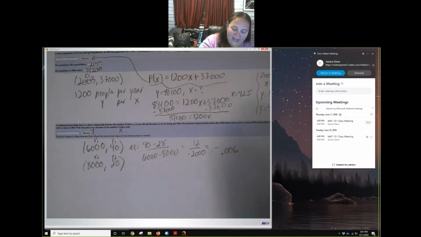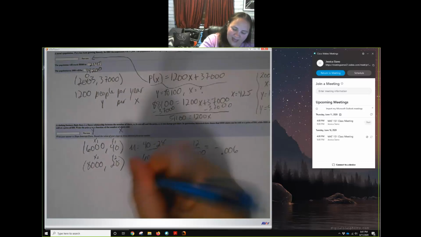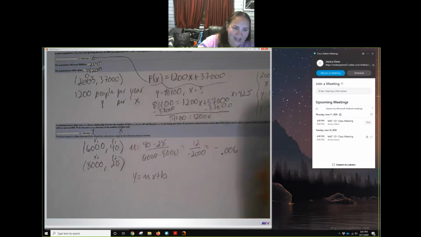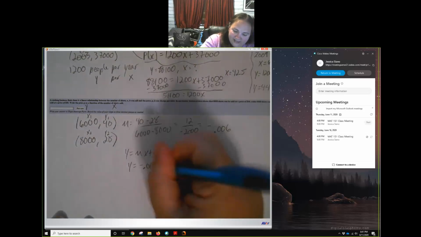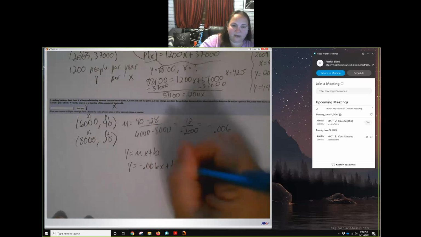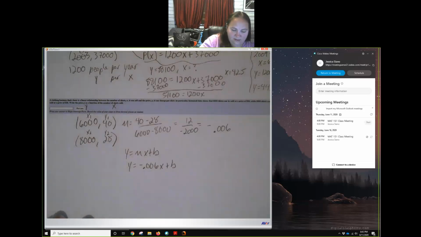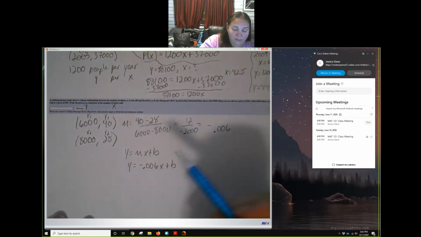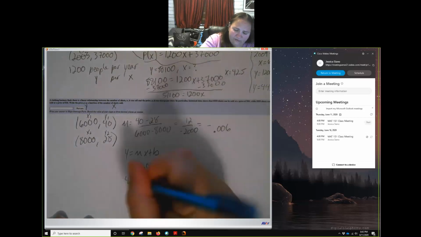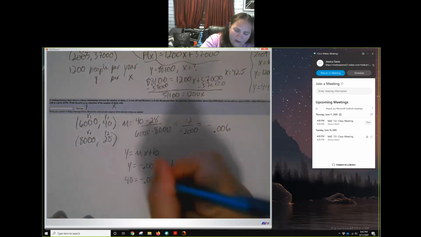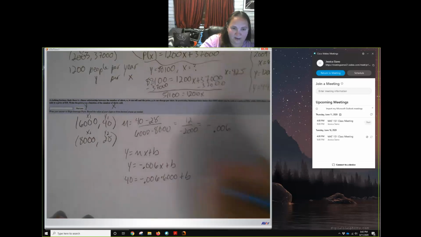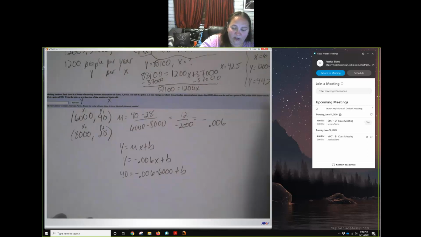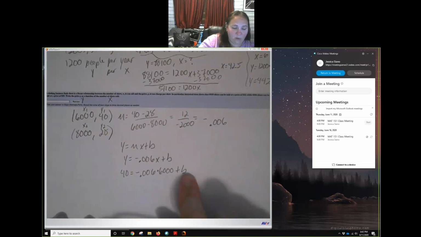So remember that we have y equals mx plus b, and I just found m. So y equals negative 0.006x plus b. I'm going to take this x and this y and plug in. So 40 equals negative 0.006 times 6,000 plus b. This way we can solve for my y-intercept.